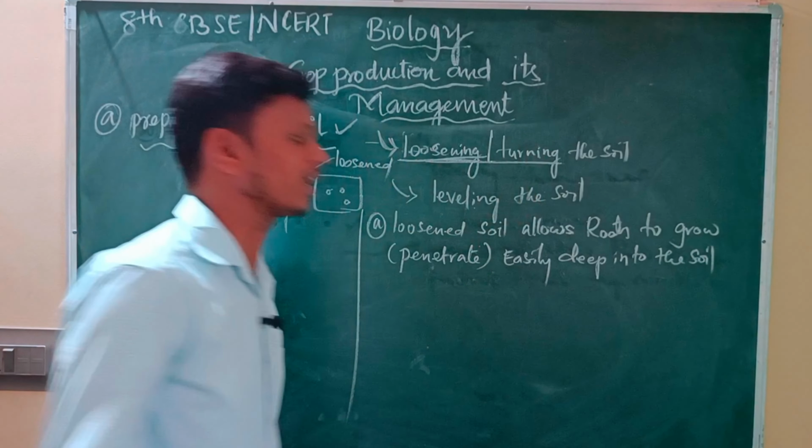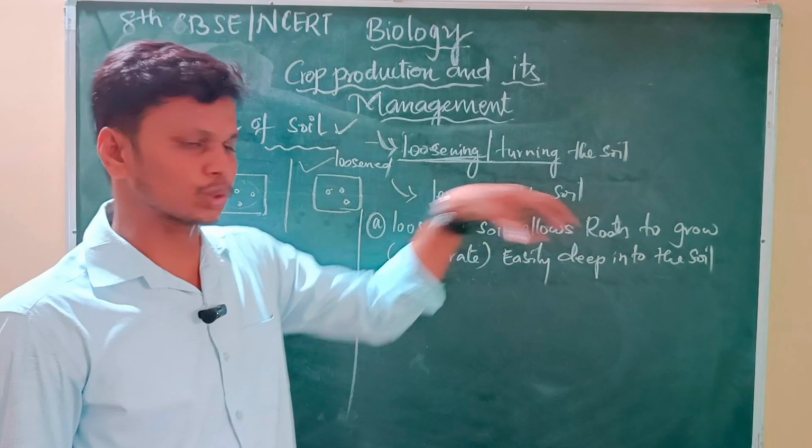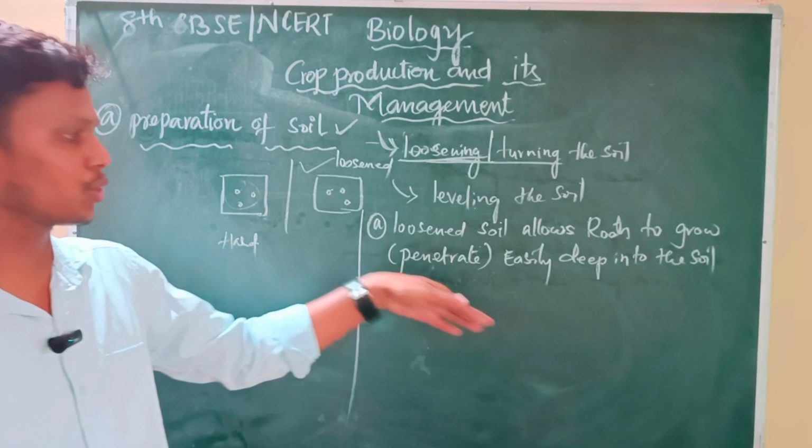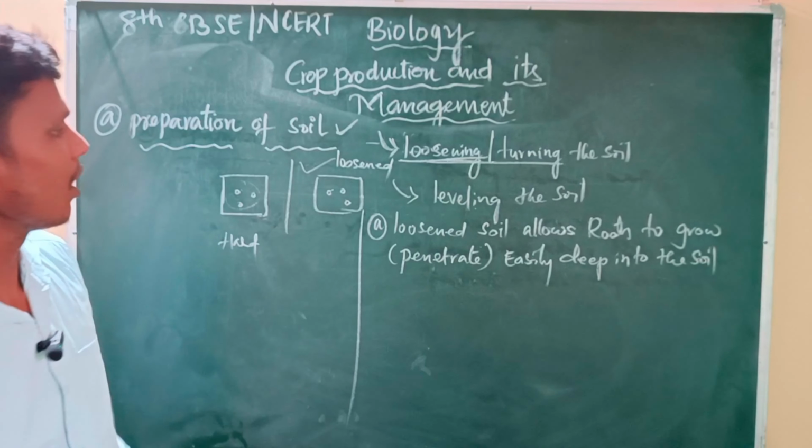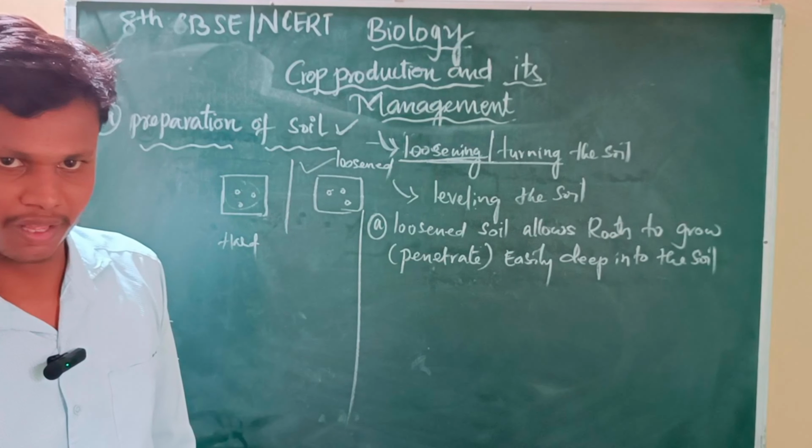If you loosen the soil, it will be very easy for roots to grow or penetrate deep into the soil. This is the major advantage of turning or loosening the soil.